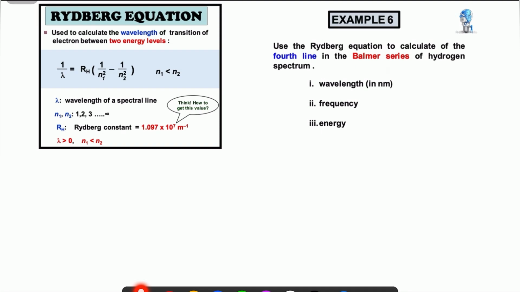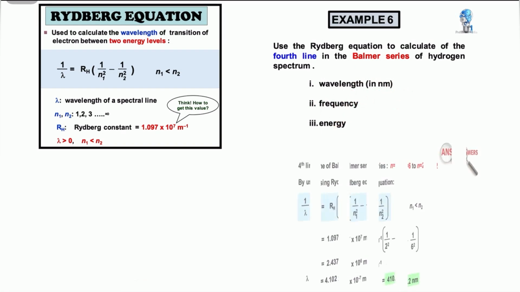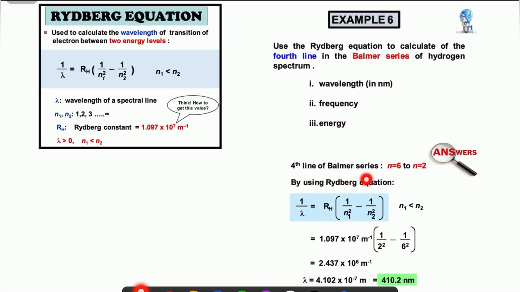The fault line shows the transition of the electron from n equal to 6 to 2. You need to calculate the wavelength in nanometer, frequency and energy. So for the fault line of the Balmer series, you have to state that it is a transition from n equal to 6 to n equal to 2.